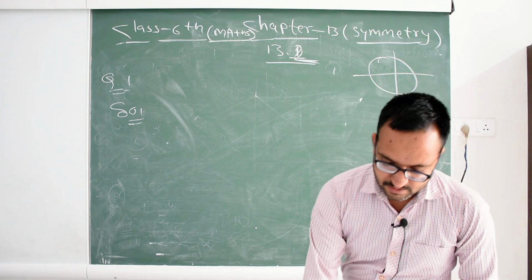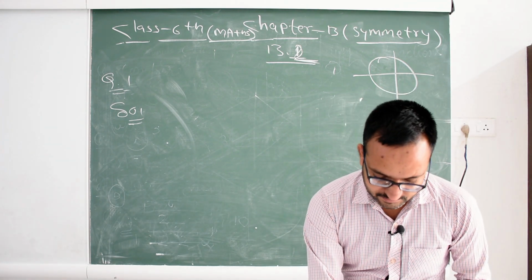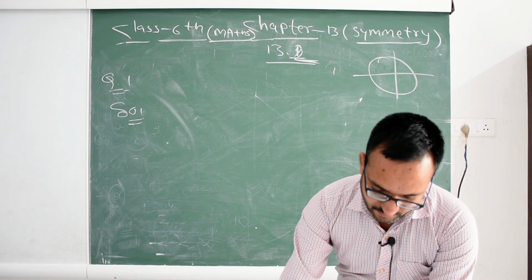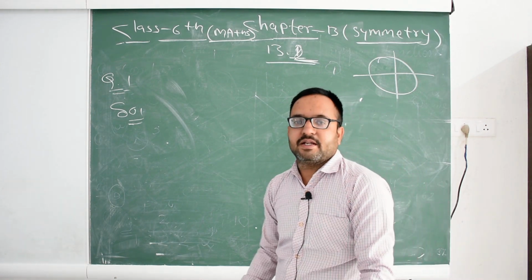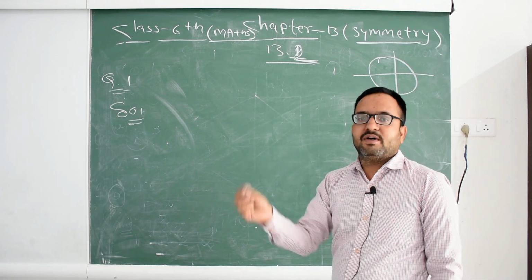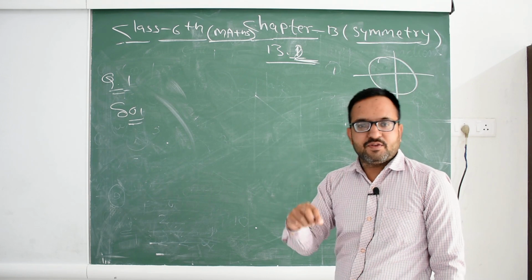Now we check question number 1. Find the number of lines of symmetry. We already know we can draw more than one line of symmetry for particular figures.